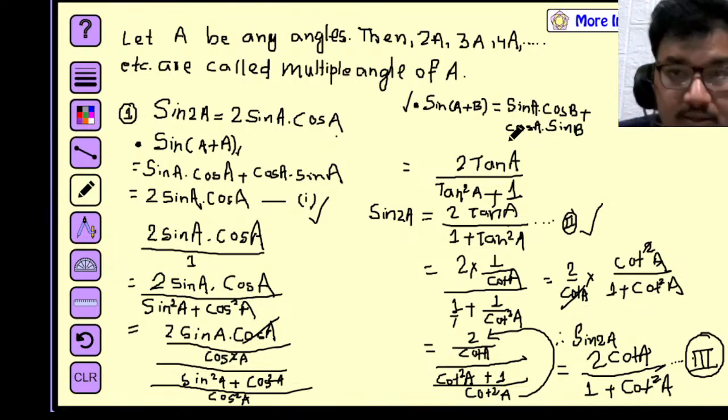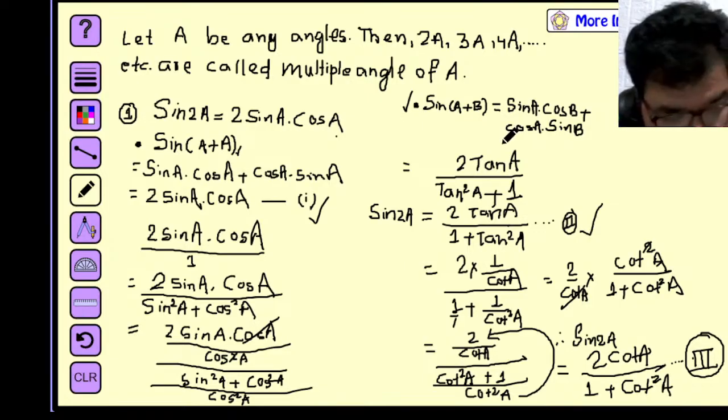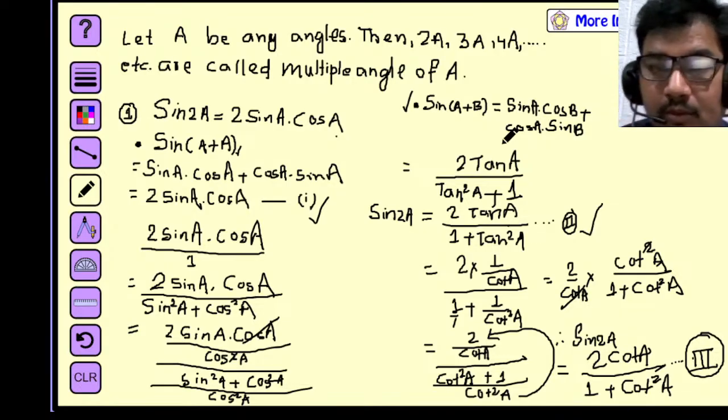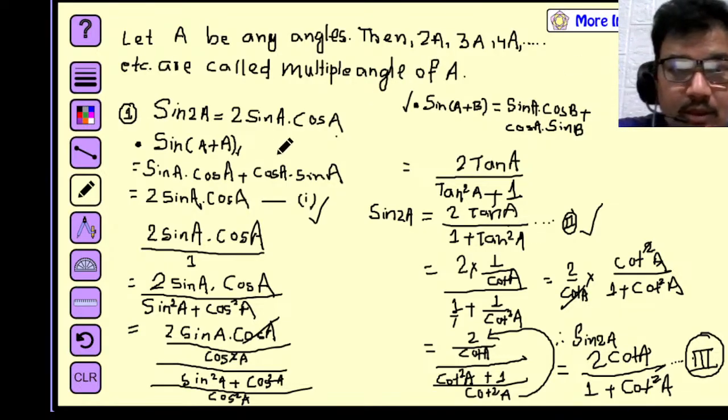Now I am moving to the next multiple angles one, which is cos 2a. Okay, now cos 2a, how it comes here, I want to show you here. First of all, I want to clear it.